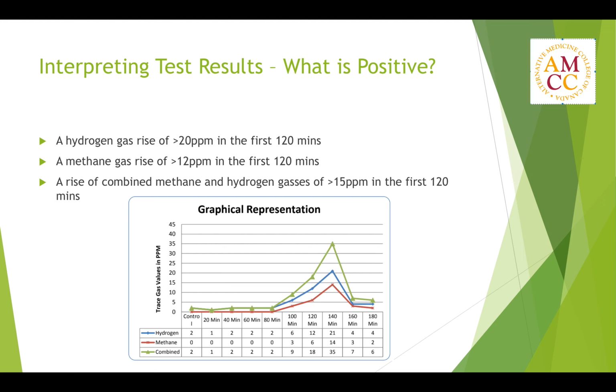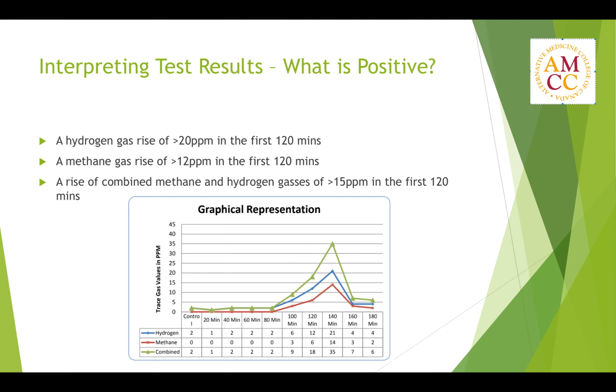And actually, interpreting the results is not that straightforward. Like I said, this is a relatively recent test. Up until recently, clinicians and researchers didn't exactly agree on what was a positive. But recently we have had a consensus paper written by the experts. As you can see, there's a graph that is plotted where, for instance, from this lab, methane gas is the red line, hydrogen gas is blue, and when you add the two gases together at any one point in time, it's the green line, which is the combined line.